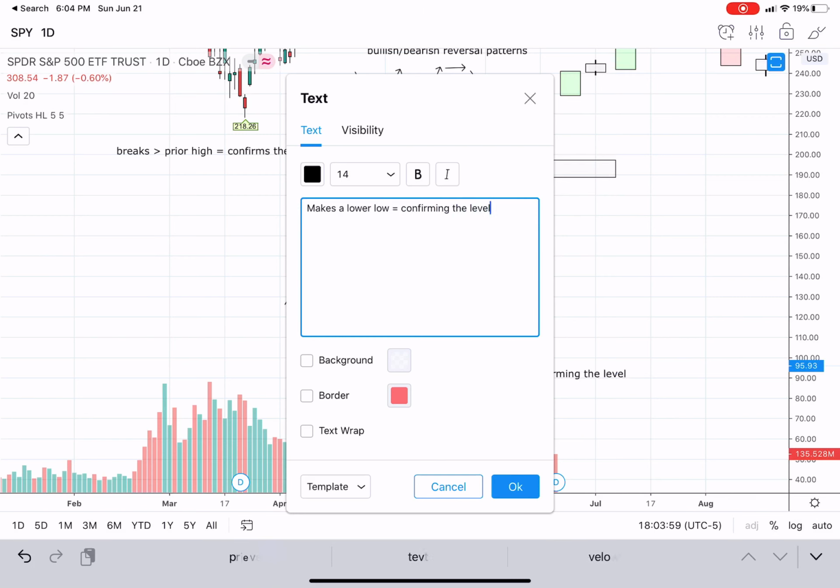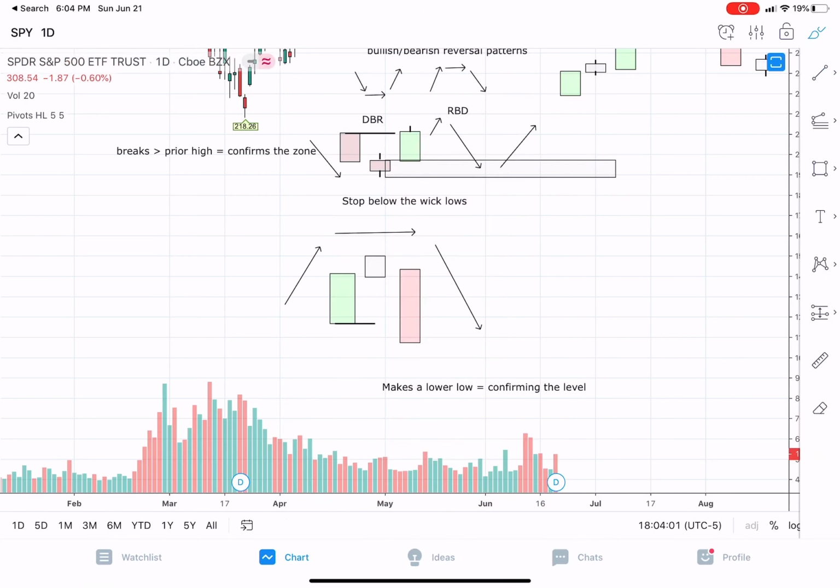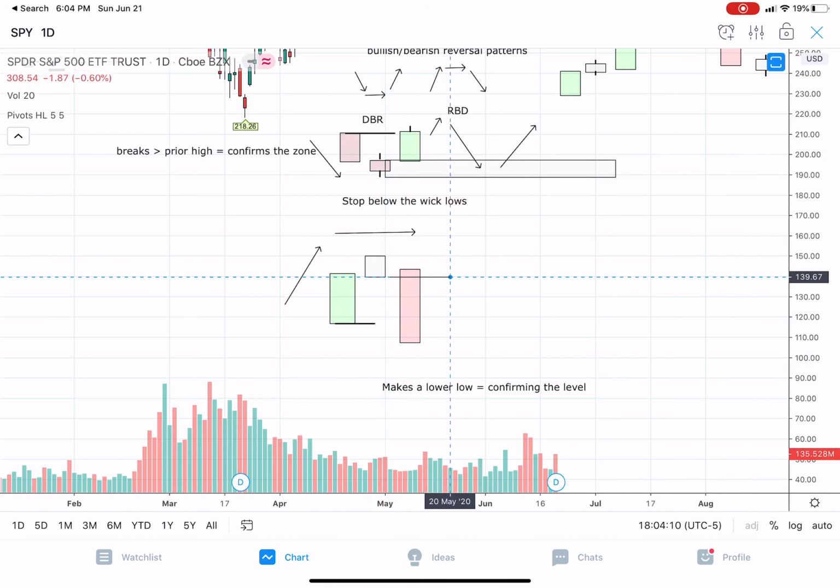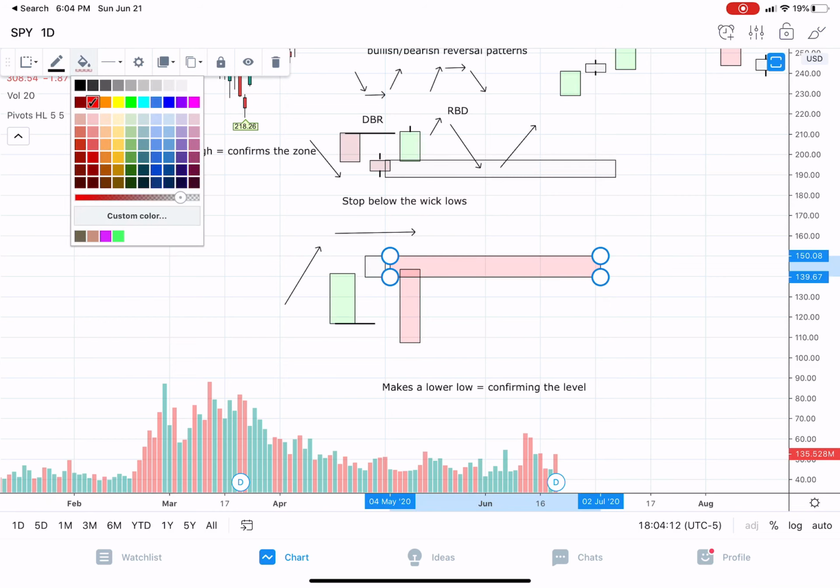confirming the level. So once we do get the lower low and the confirmation of the level, our trade plan comes down to us looking to take a trade on a relief bounce back into this zone, into this level.